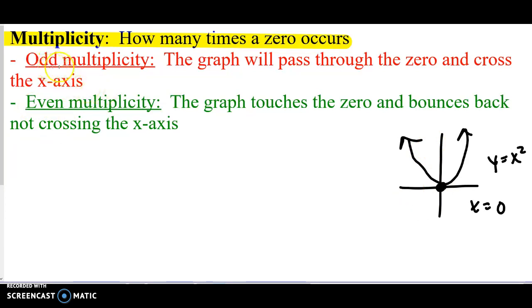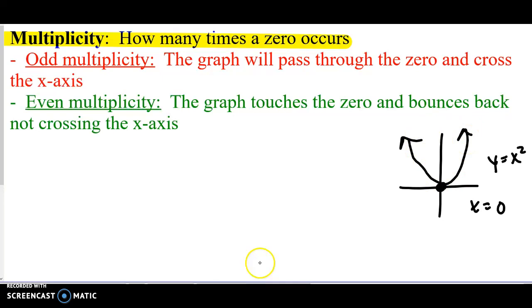We have odd multiplicity. The graph will pass through the 0 and cross the x-axis. We could also have even multiplicity, such as in this case. With even multiplicity, the graph would touch the 0 and bounce back up, not crossing the x-axis. So even if this had been an x to the 4th function, it would look very similar. It would have a bounce at that root.